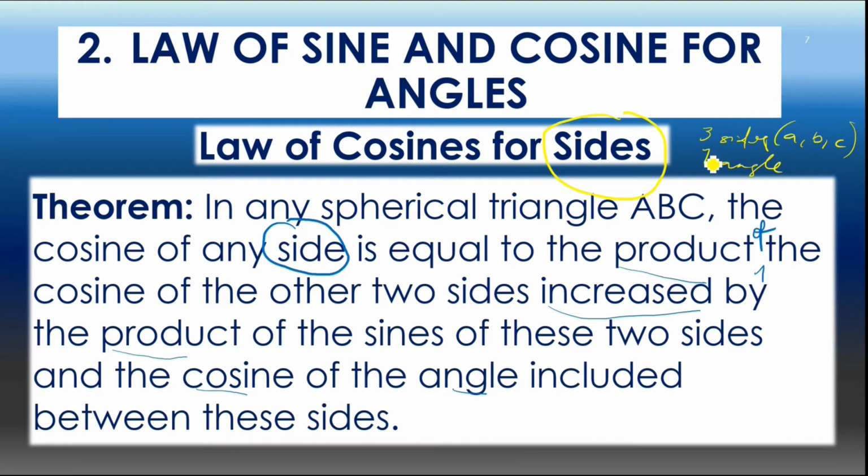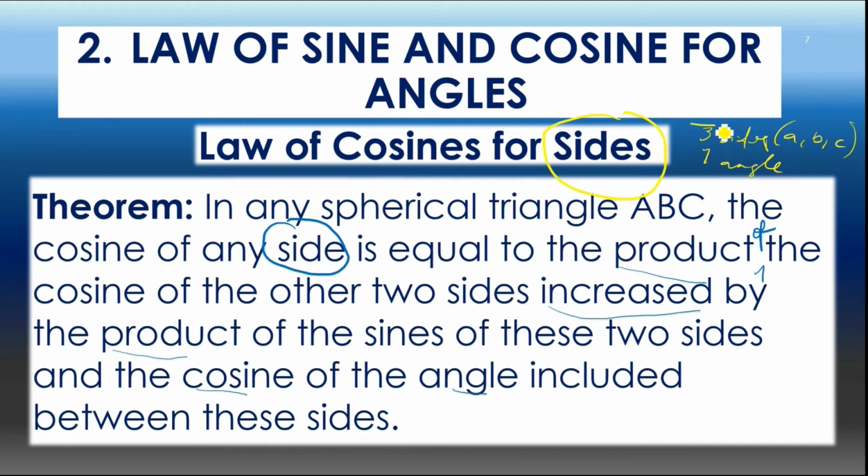So three parts are given and then one is unknown. Possibly we can have the three sides given and then one angle is unknown, or we can have two sides given, one angle also given, and then the other side is unknown.